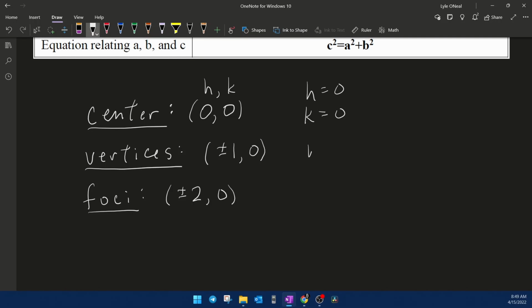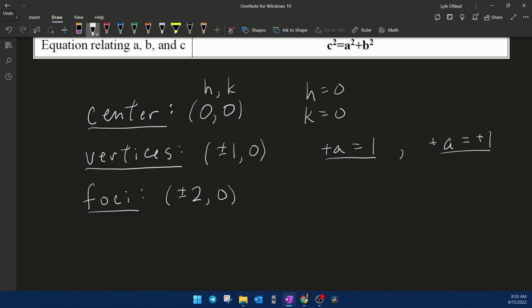So h plus a would be the larger of the x coordinates of the vertices, and h minus a would be the smaller. And we know h is 0. So if we replace h with 0, that's going to eliminate the h's, giving me that a is 1. And over here, if I change the signs, again, a is 1.